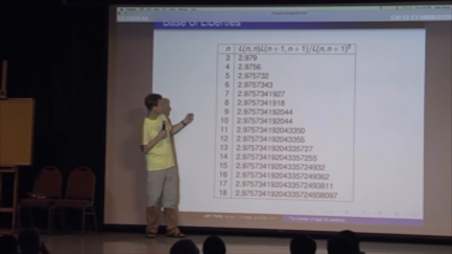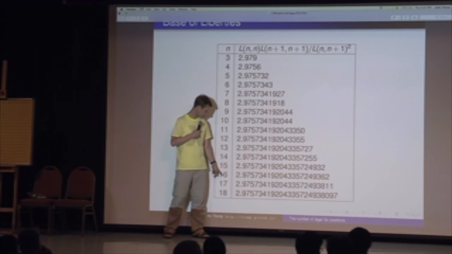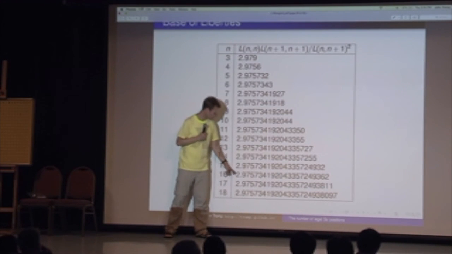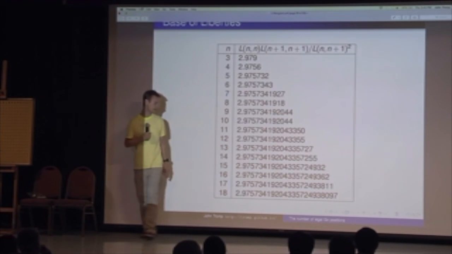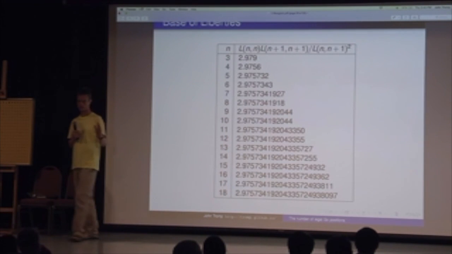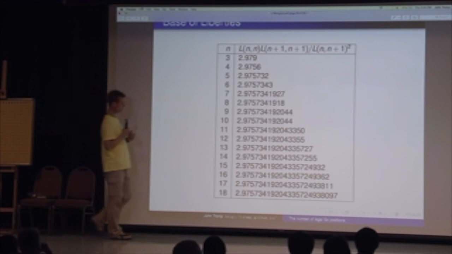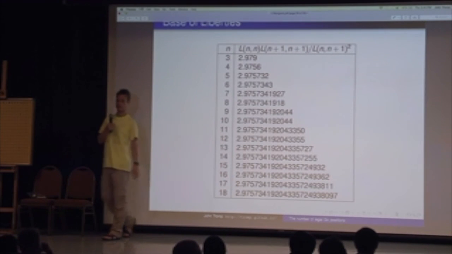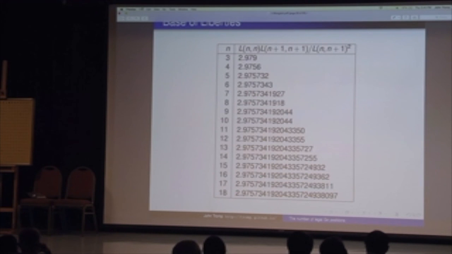Already 10 years ago, using our results up to 17 by 17, we could compute this very accurate approximation, which is what allowed us to have this estimate of L19. And now with the latest results, we have this final approximation of the base of liberties. So it's like a mathematical constant that just expresses the restriction of legality.